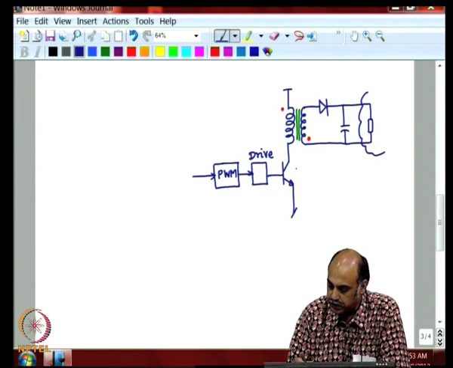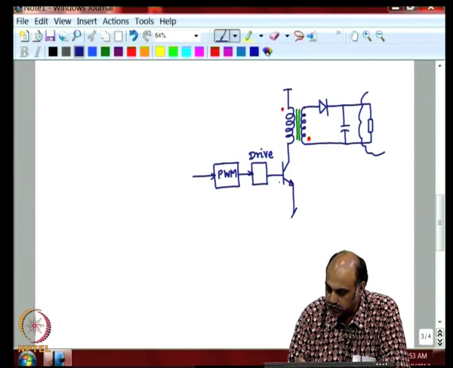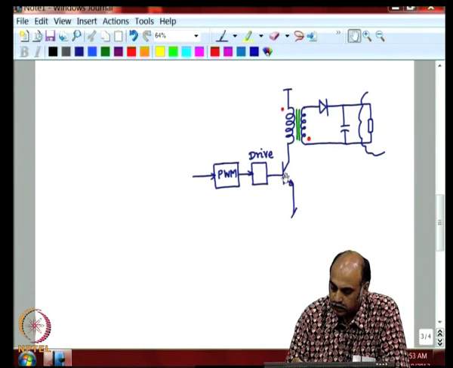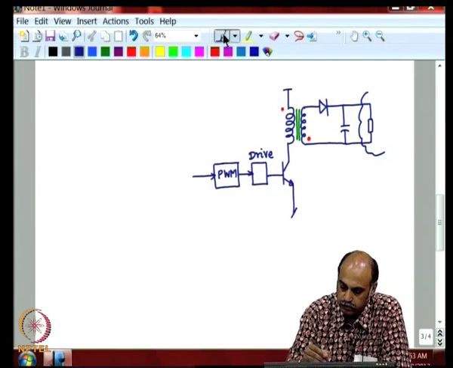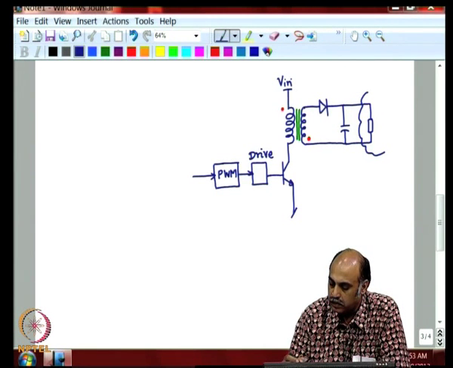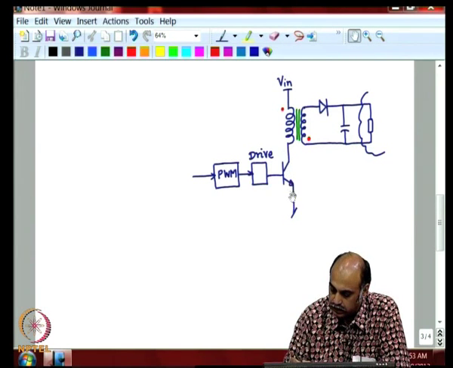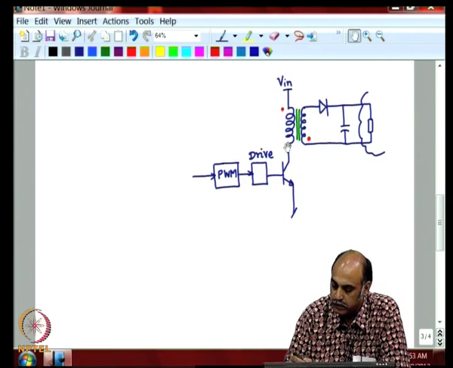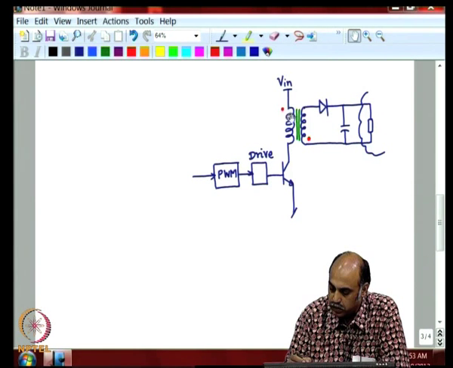So, briefly, the operation is very simple. When this switch Q is on, you have the dot as positive at V in and the non-dot end connected to the ground, that is 0. So, therefore, this dot end is positive.